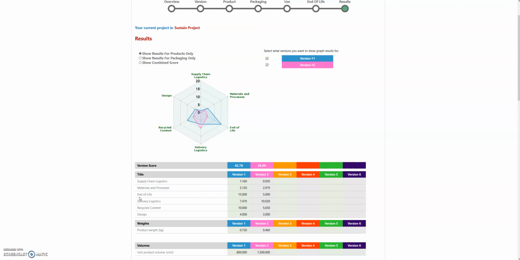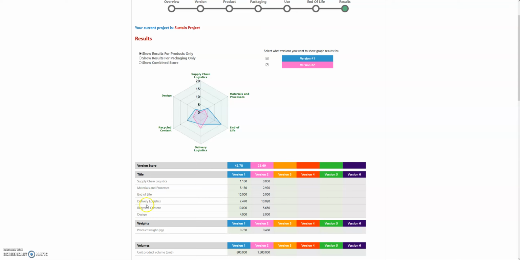So if you've got a very simple product that has a limited number of materials that's easy to take apart, and you send everything to be recycled, that would be a good score. And if you have a very complicated product with lots of different types of materials permanently bonded together, which makes recycling difficult, and they have to go to landfill, etc., that would be a bad score.